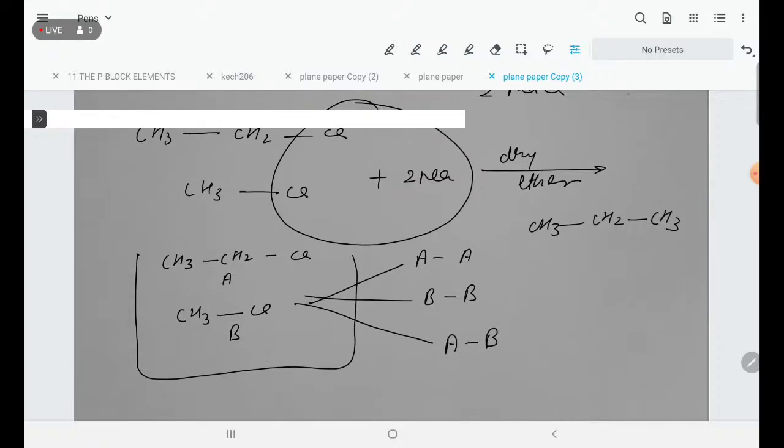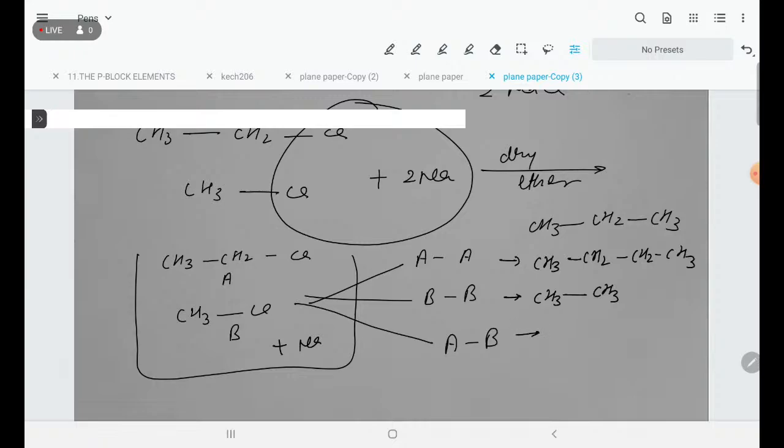So what could be the reaction if you are putting the sodium in it? If AA combine, it is going to give butane, CH3CH2CH2CH3. If BB combine, what will it give? CH3CH3.